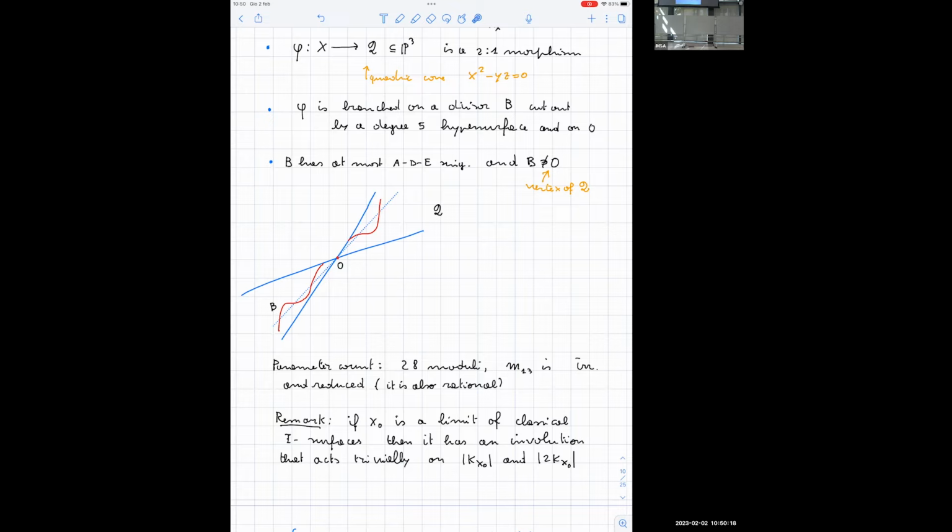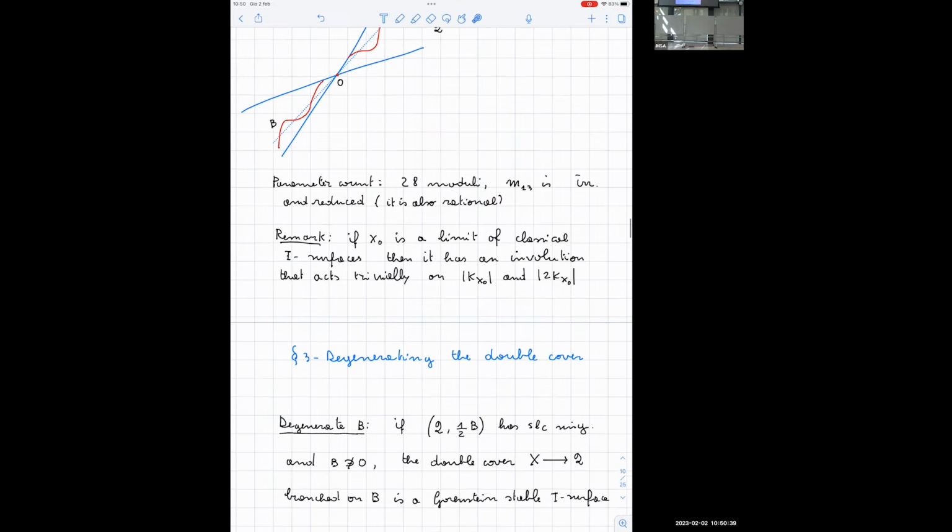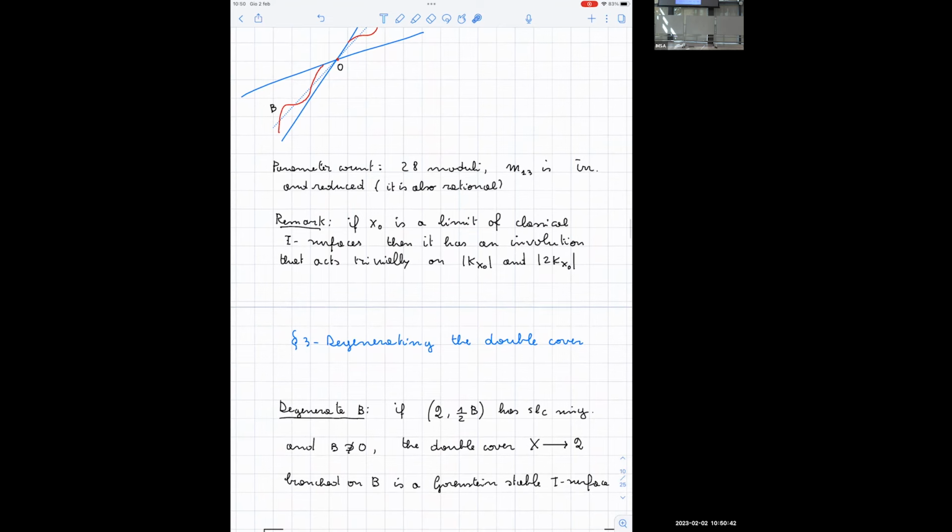And so if you have a stable surface which is the limit of smooth ones, then it has an involution with the same properties. So if you can show that there is no involution of this type, then you know that the surface is certainly not smoothable. And I'll show you examples of this.